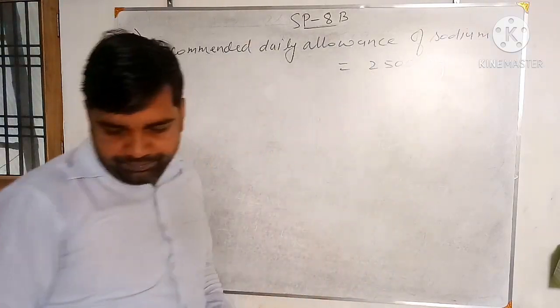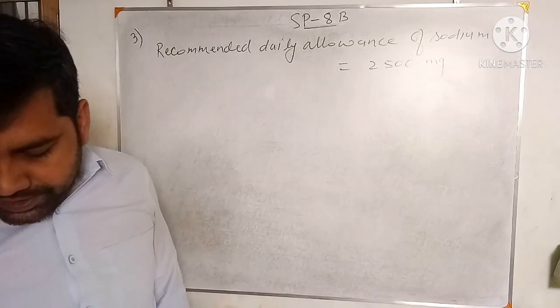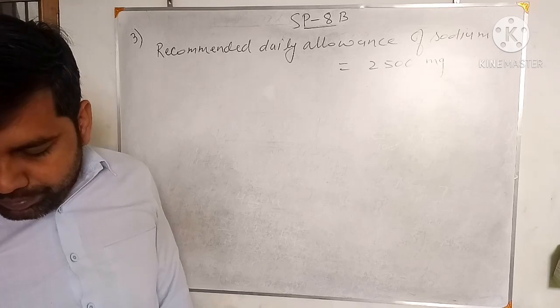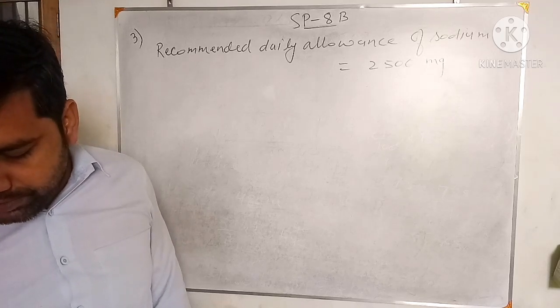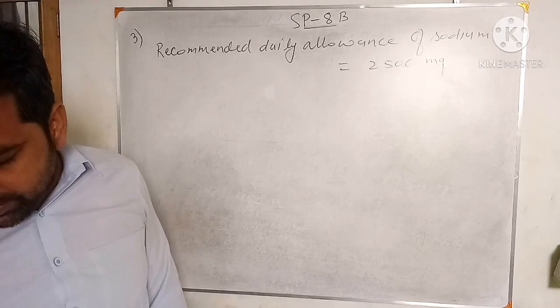Mg means milligram. Now a certain can of iced tea contains 4% of the recommended daily allowance of sodium. So how many milligrams of sodium are in the can of iced tea?